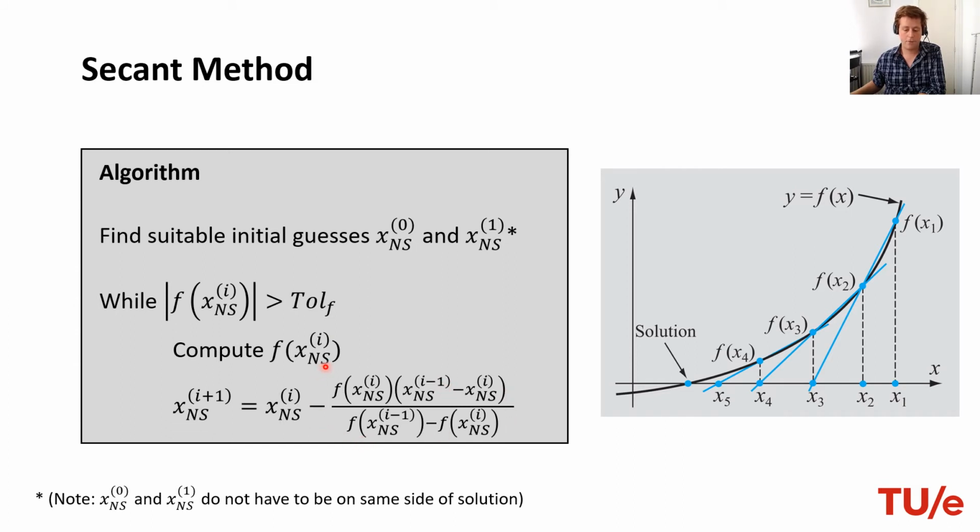So whereas with Newton we had to compute the function value as well as its derivative, here we just have to compute only this function value, and that allows us to draw the line between the current iteration and the previous iteration, and this line will then give us the new solution in the new iteration.